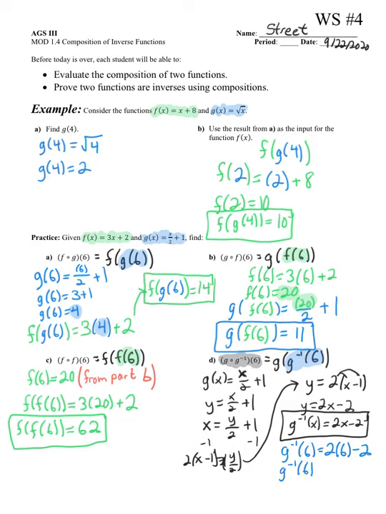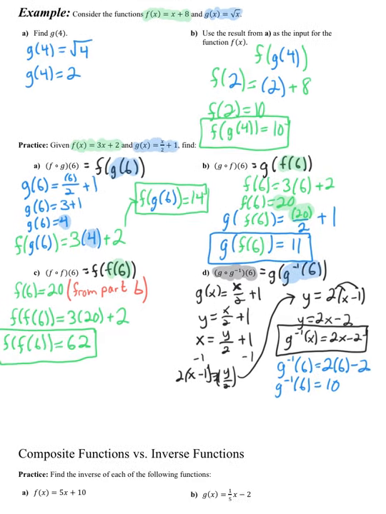So this becomes 2 times 6 is 12, 12 minus 2 is 10, just following my order of operations. So I end up getting 10 for g inverse. Now I'm going to take the original function and plug 10 in for that.